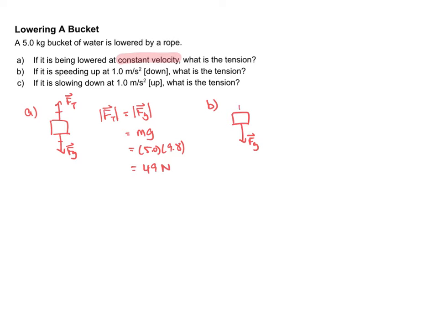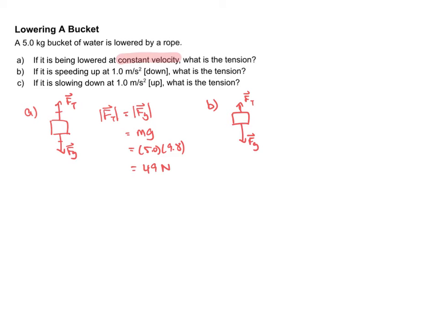So I'm going to draw the tension shorter. I'm drawing the gravity arrow the same size approximately as in part A because the gravity is not going to change. So it's the tension that's getting lower, which is going to allow this to speed up falling down.